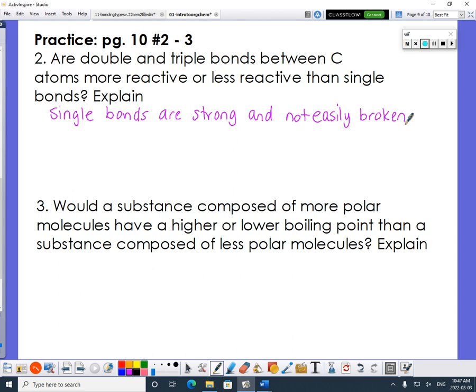The section in the note does say both. If you don't like the wording there, you could even write single bonds are strong, so they're less reactive. That's the same thing.